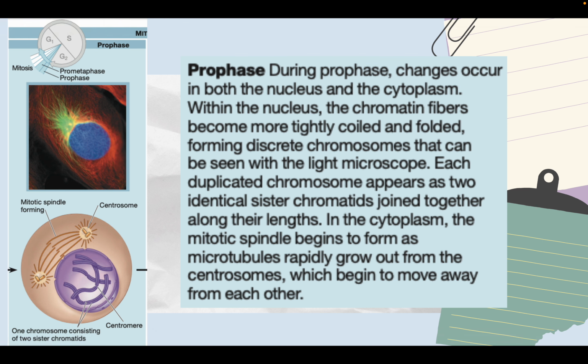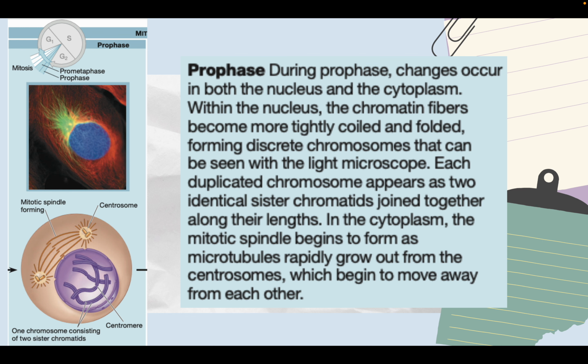Okay, so we will proceed with the first phase of mitosis, and that is the prophase. This is the first step of mitosis or cell division. In prophase, two important things happen. What happened during this prophase?